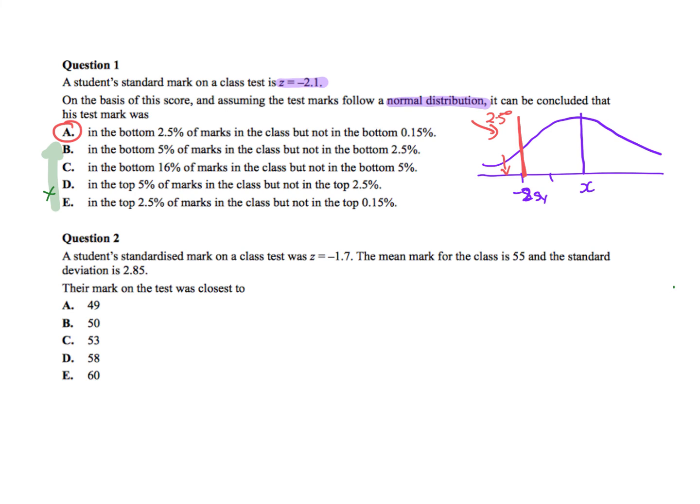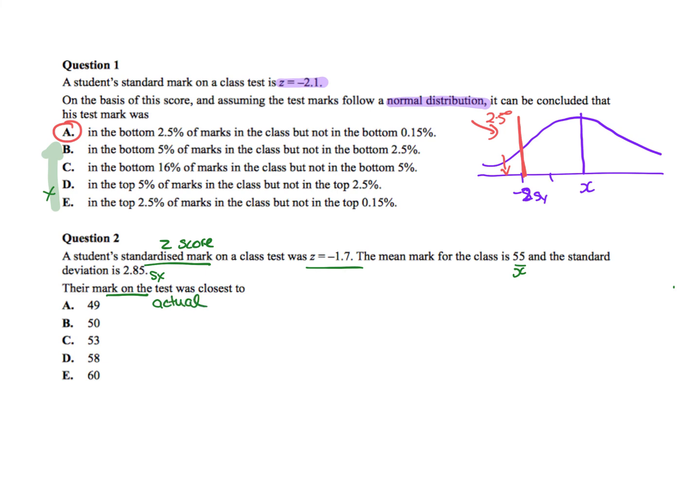All right, let's have a look at question 2. It said a student's standardized mark, so that's just another word for Z-score, was negative 1.7. The mean mark was 55 and standard deviation was 2.85. Their mark on the test, so that's what they want, the actual mark. What did actually happen?